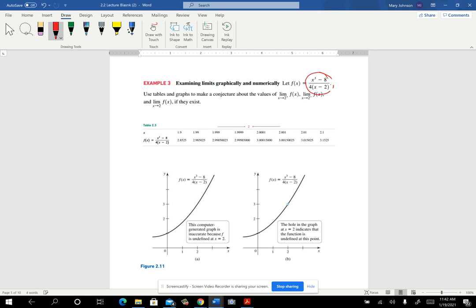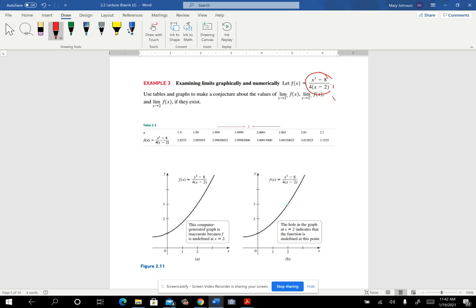The top part's cubic, and we have a denominator. One of the things about rational functions is that if you have something like x minus 2 in the denominator, 2 would be a problem spot. If you put a 2 in there, your function would be undefined at 2, because you'd have division by 0.